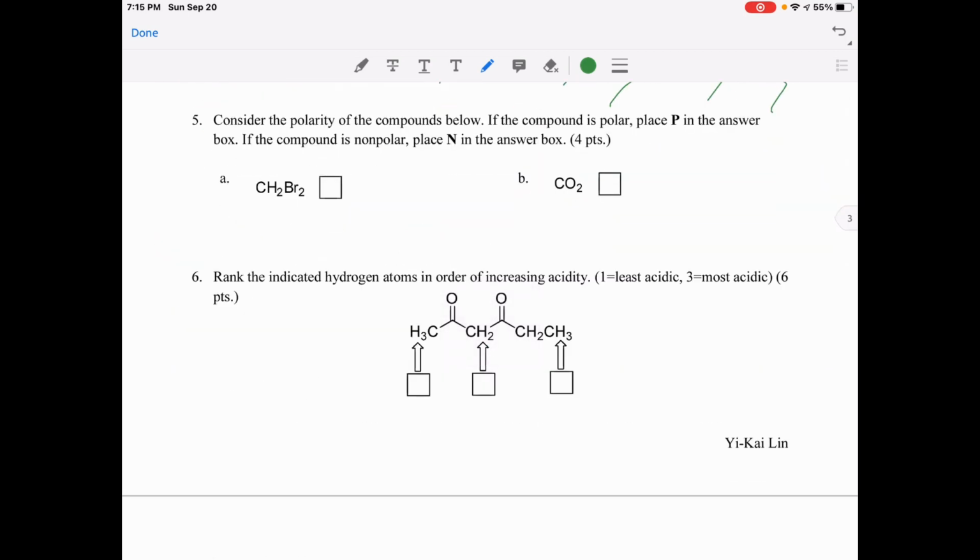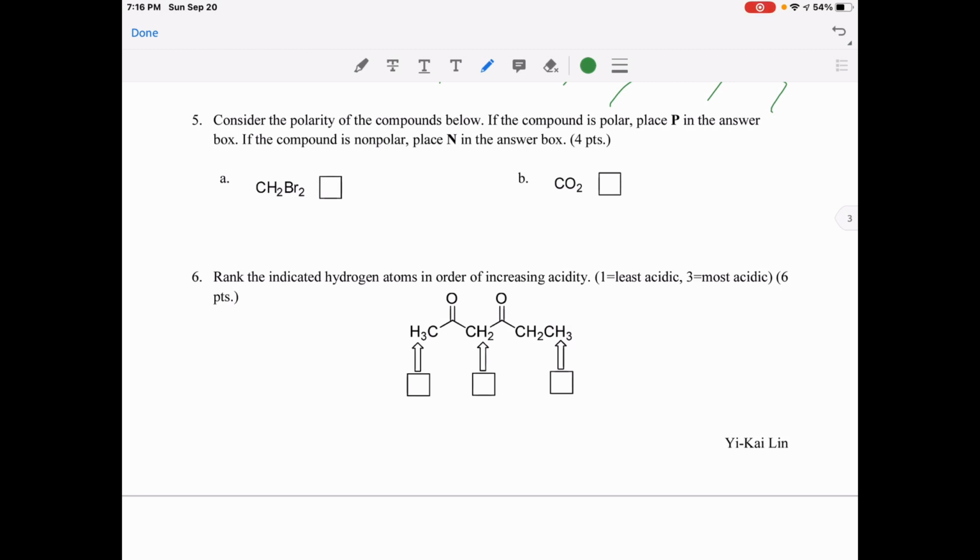For number 5, we are asked to determine the polarity of these two compounds in A and B. The first thing we have to do is draw out the structure, because the polarity of a compound is essentially determined by the net dipole moment.